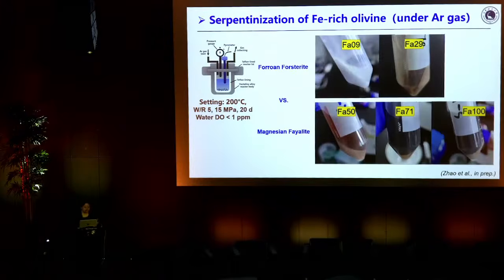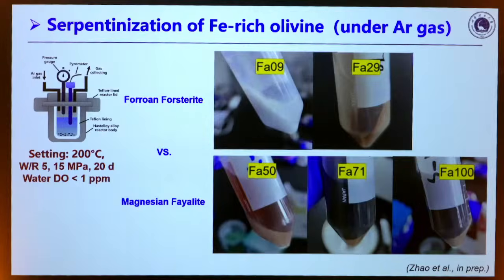Another thing is serpentinization. We are very familiar with forsterite or calcium-rich serpentinization, but we don't really know what will happen, even under argon gas, if we have iron-rich olivine as the initial material. To our surprise, if you have fayalite or a very iron-rich end member, you will produce altered olivine, and you will also have a solution with a very dark color.